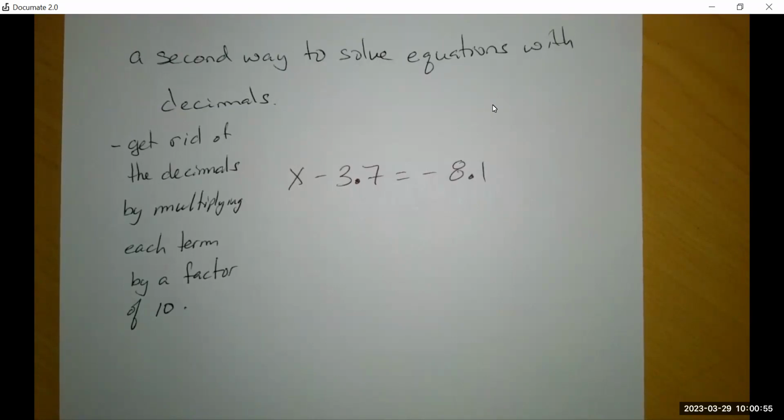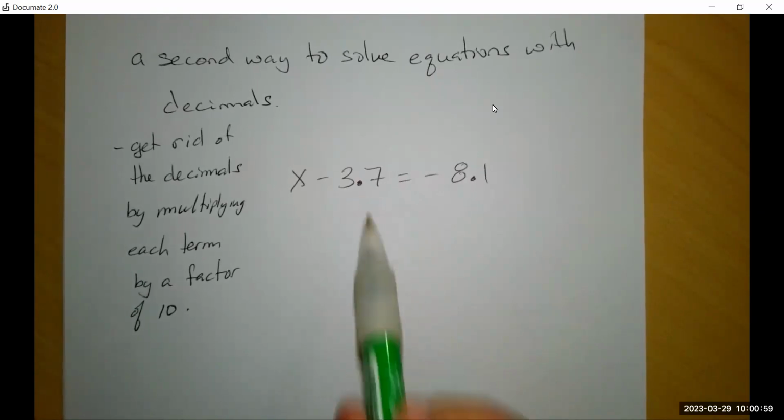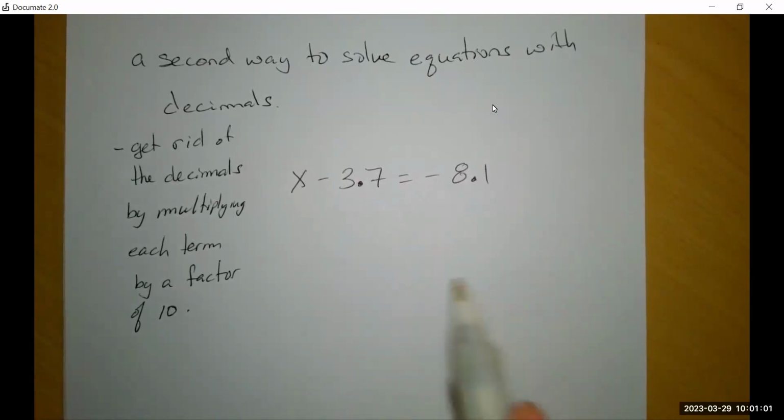So we get rid of the decimals. How many spaces do we have to move? What's the most spaces we have to move to remove decimals? So it's only one. Both of these are only one step. So what do we have to multiply by to move the decimal place over one?